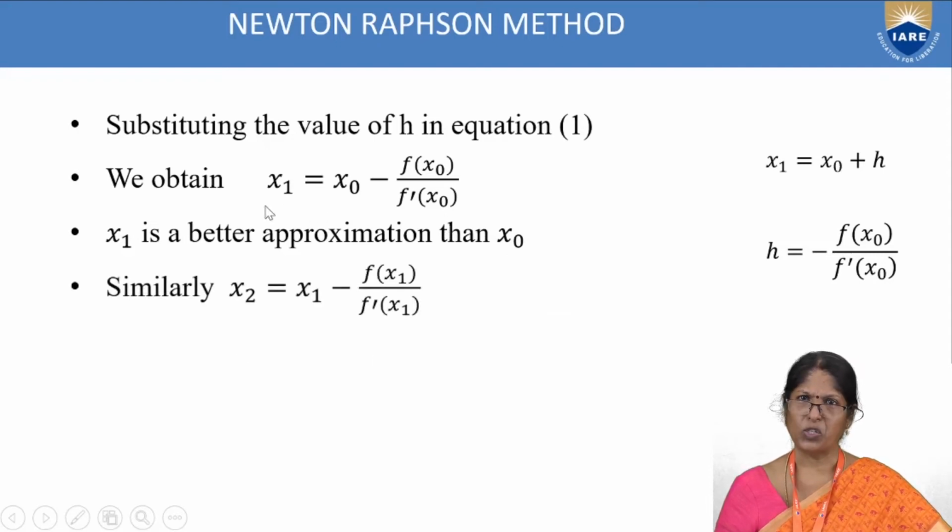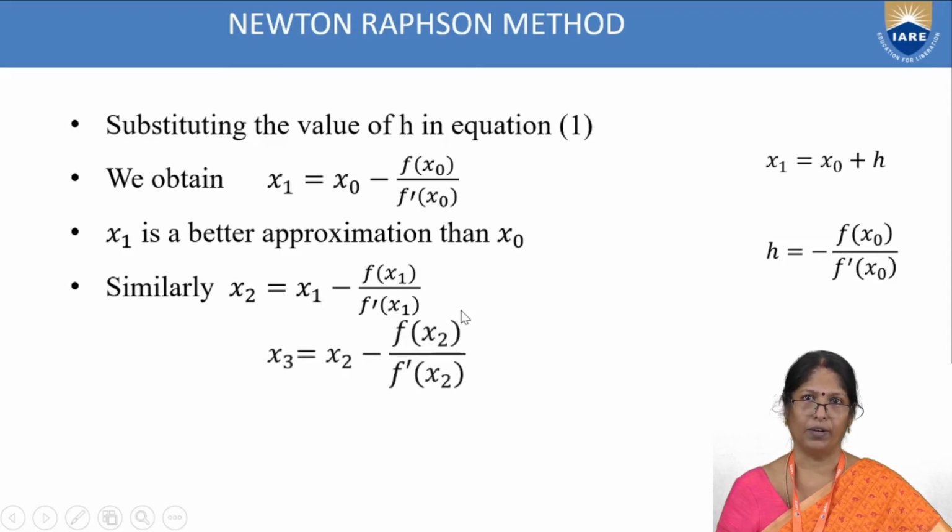Now we got x1, it's nothing but the formula x naught minus f of x naught by f dash of x naught. Compared to the left hand side, the index is 1 less. So keeping that technique, we can write similarly x2 equal to x1 minus f of x1 by f dash of x1. x3, 1 less than that, is x2 minus f of x2 by f dash of x2.